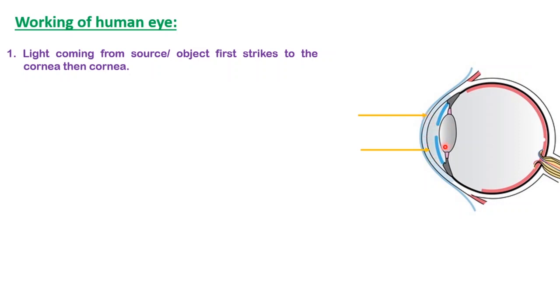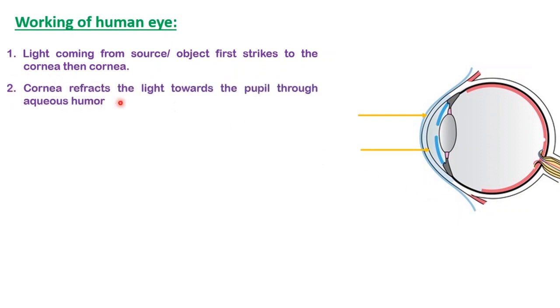It refracts the light toward the pupil through the aqueous humor. This is how the light is converged to the pupil so that it enters the eye, because if it entered here, the iris would block the rays. So that's how it is refracted.